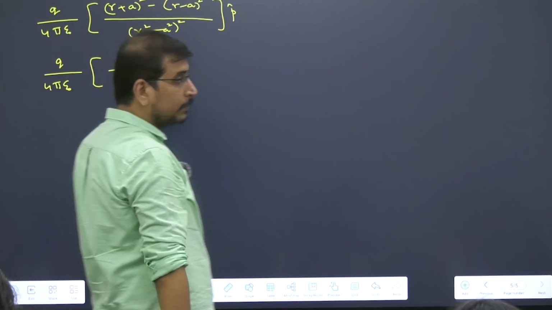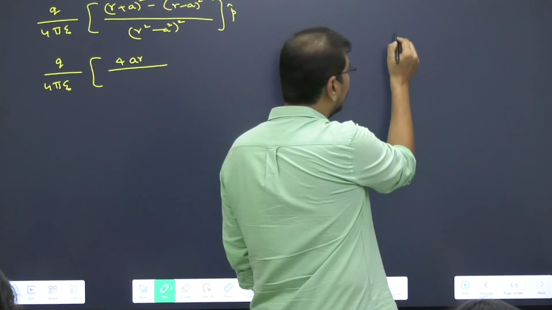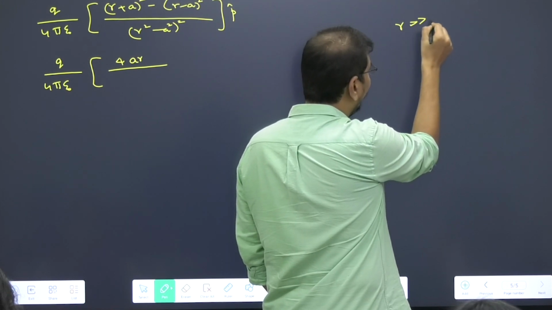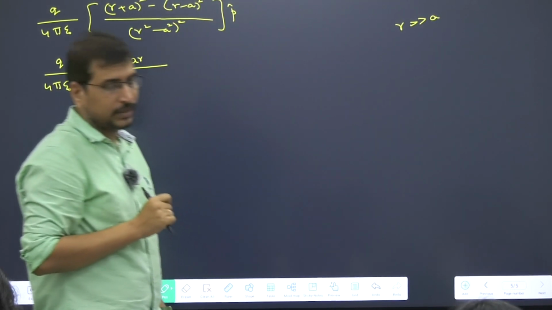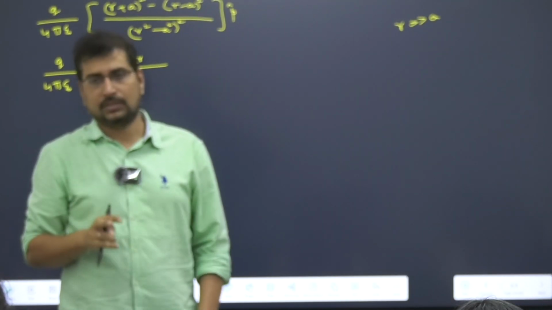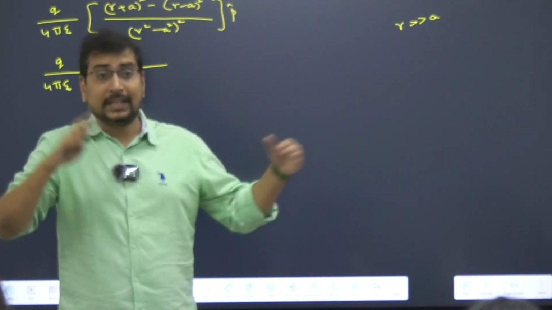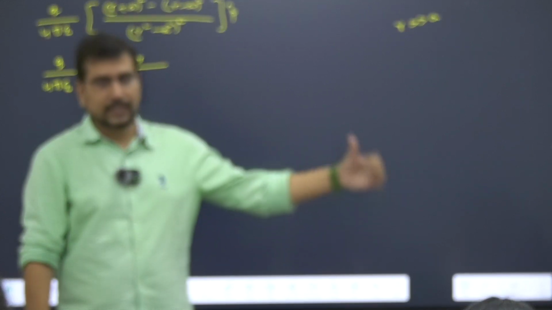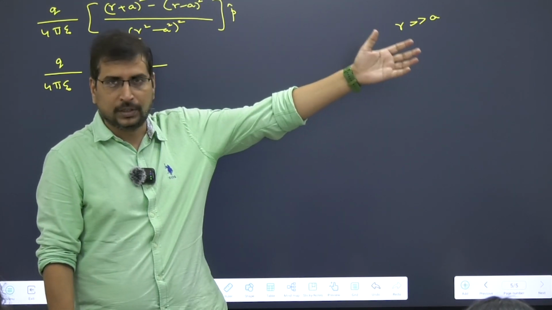this is where we need to be careful again. Remember, r is very much greater than a. The reason being, I told you, we will not calculate it in between the charges. We always calculate on either side of the charges. Here we are calculating on the left of it, or you can calculate on the right of it.